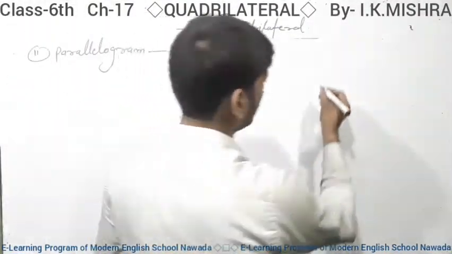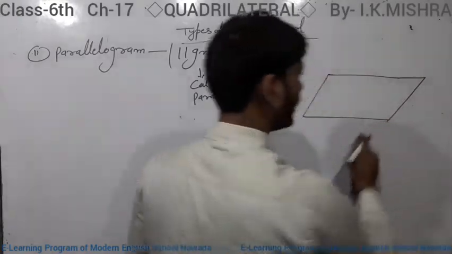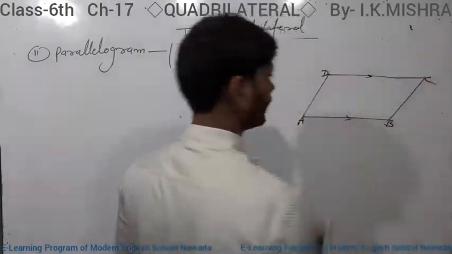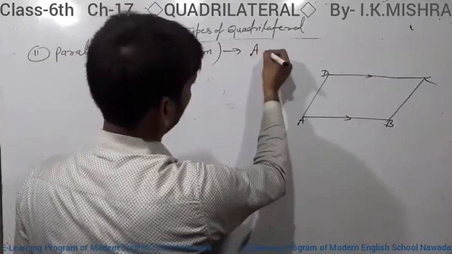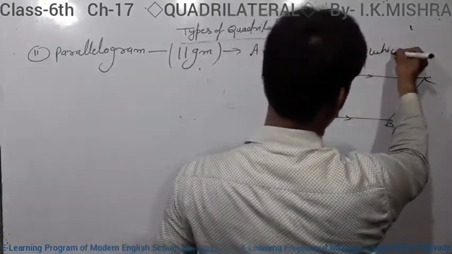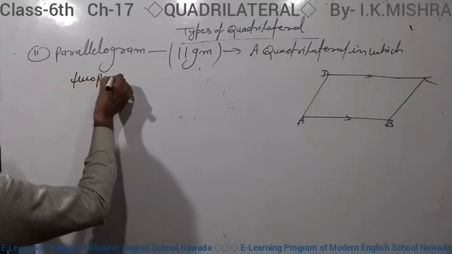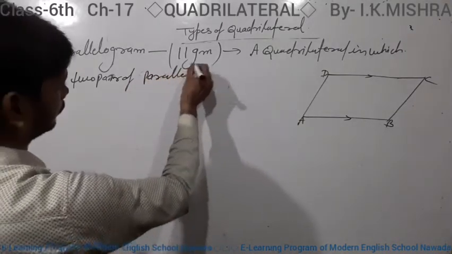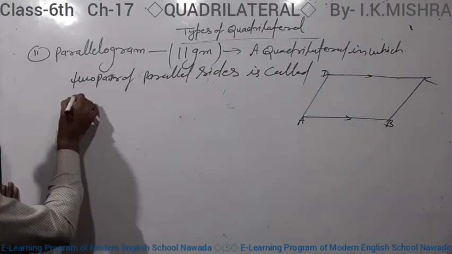Here students, a quadrilateral in which there are two pairs of parallel sides is called a parallelogram.